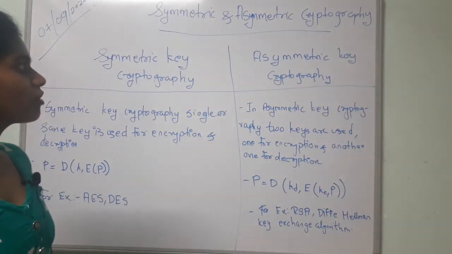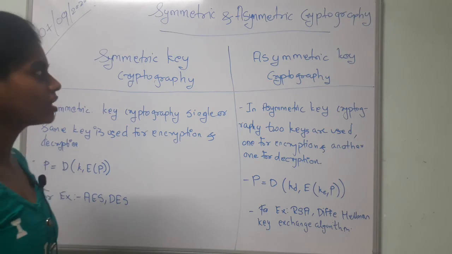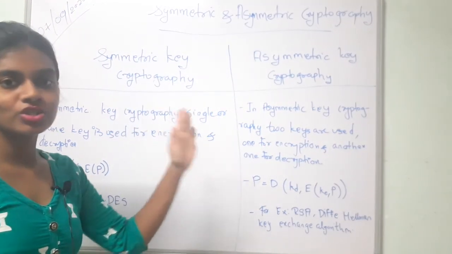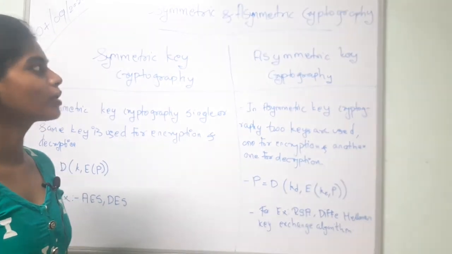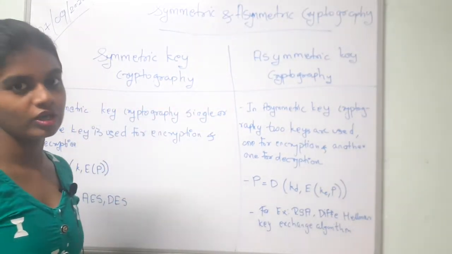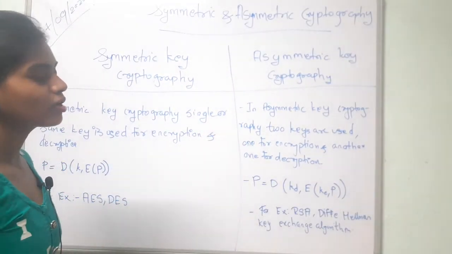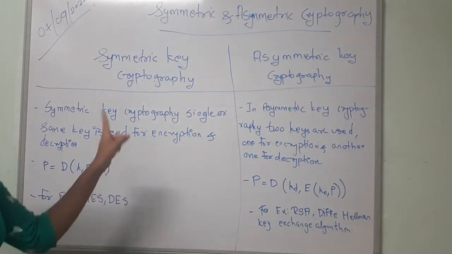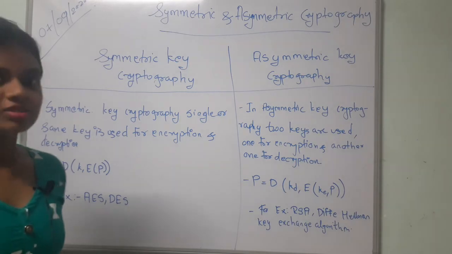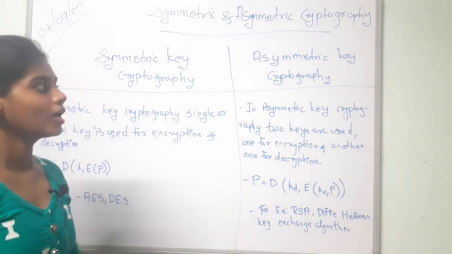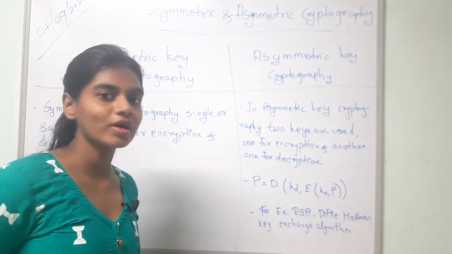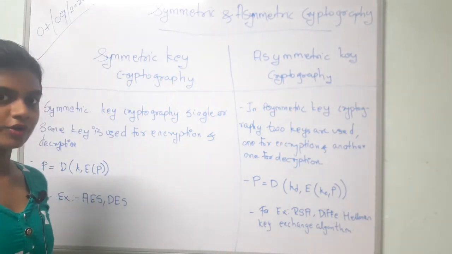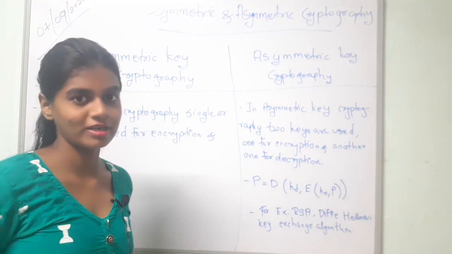Also note that symmetric cryptography uses fewer resources than asymmetric cryptography, which uses more resources. Symmetric cryptography is faster, and asymmetric cryptography is slower. These are two important points you can add to your difference.